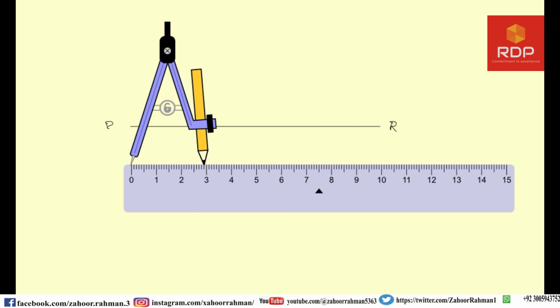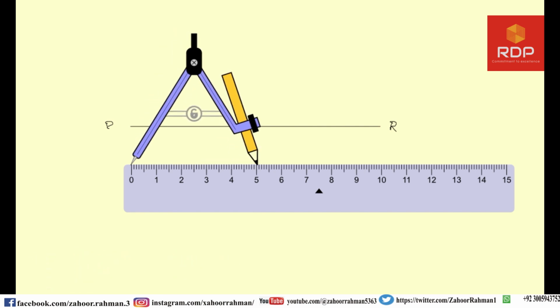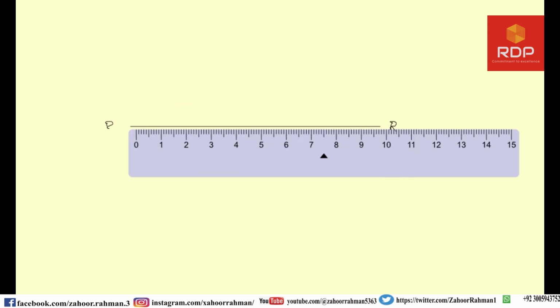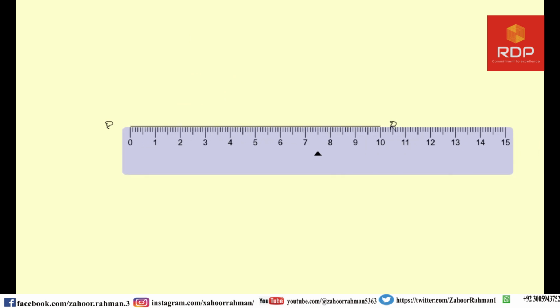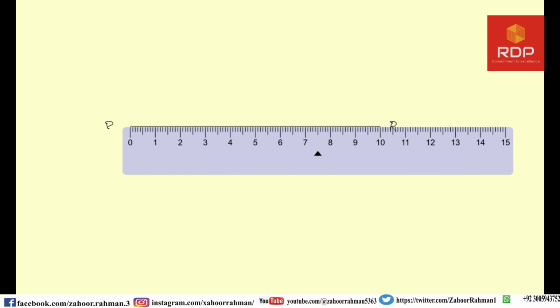So I have to cut this line at 5, at the middle, like I am doing it, 5 here. Let me write it, 5 is here.